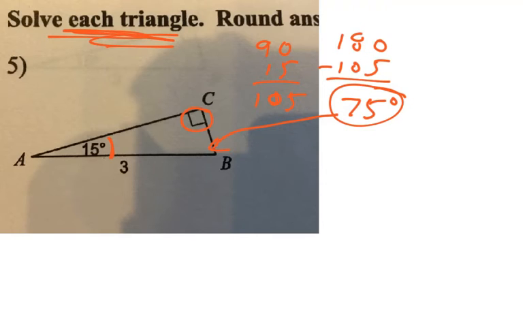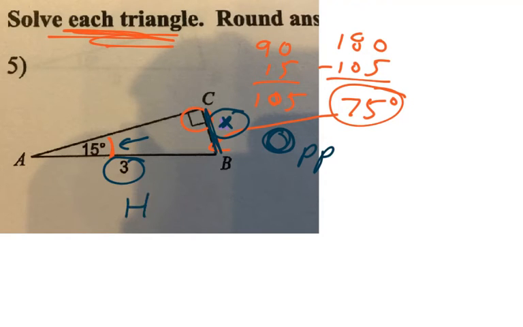Now comes the trickier part. Let's find the missing sides. I'm going to start with the short side. I'm going to call that X right there. The BC side right here. Okay. And notice that if I use angle 15, X is opposite. The 3, look, be careful guys, is the hypotenuse. What uses O and H?